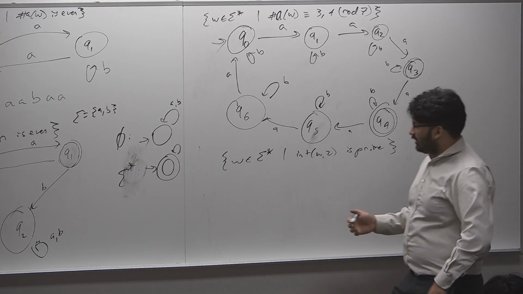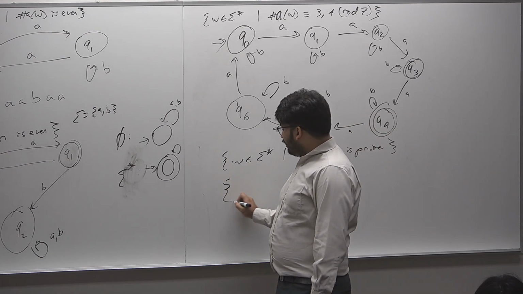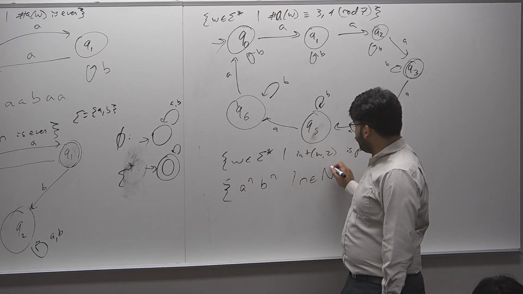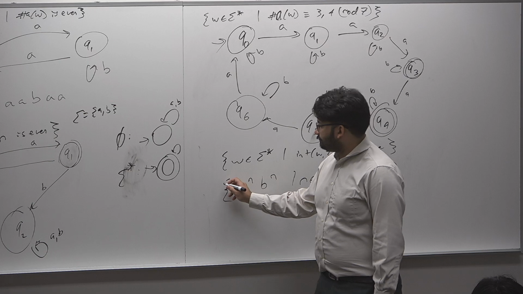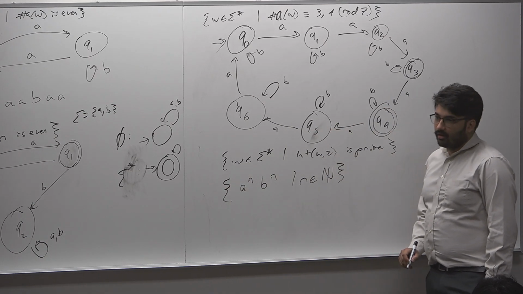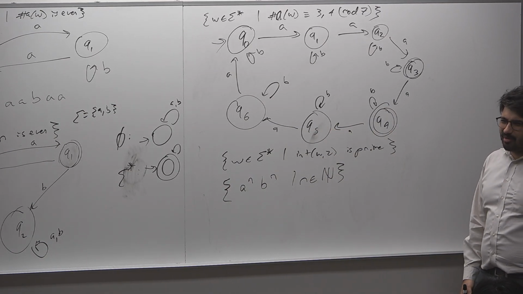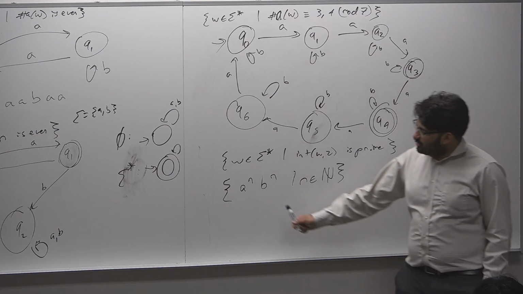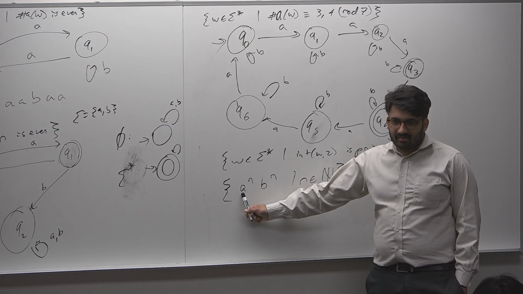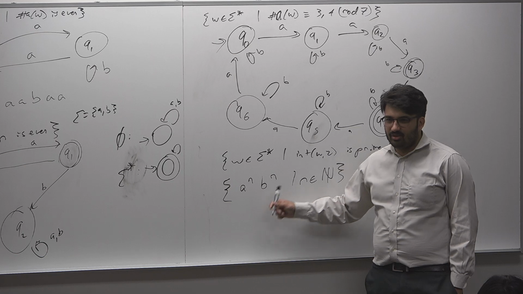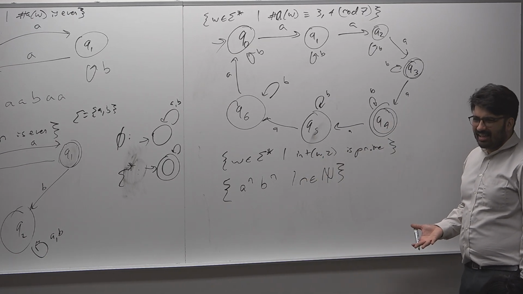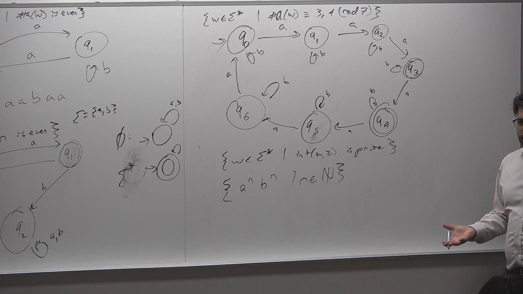I'll give you the canonical answer. A to the n, b to the n is a natural one. Why does this language probably not have a DFA? The problem is you need the exact number of A's as there are B's. And how would you possibly keep track of that without some kind of memory structure?